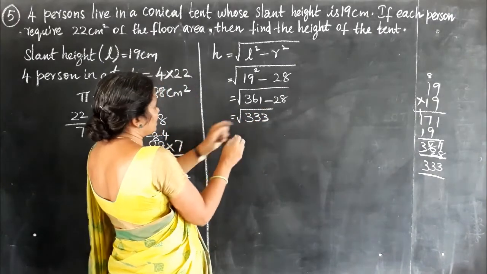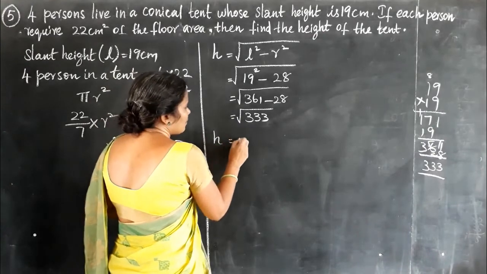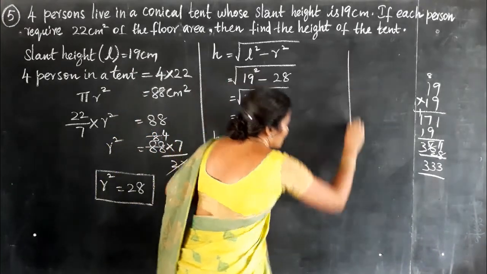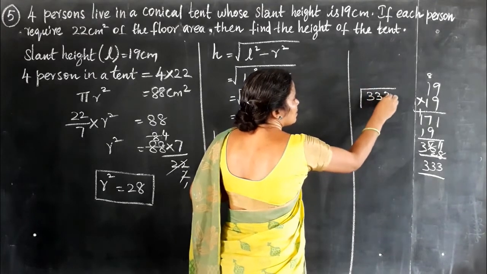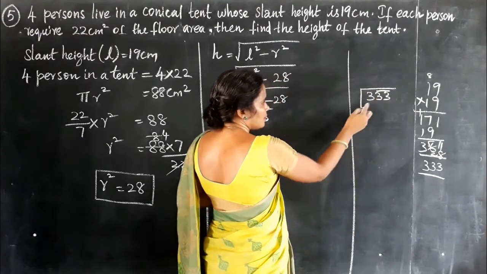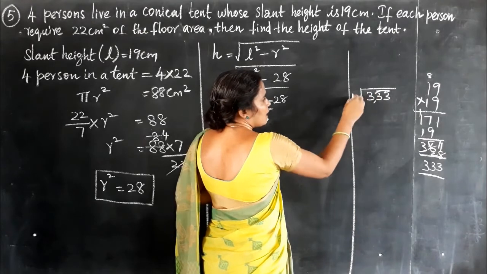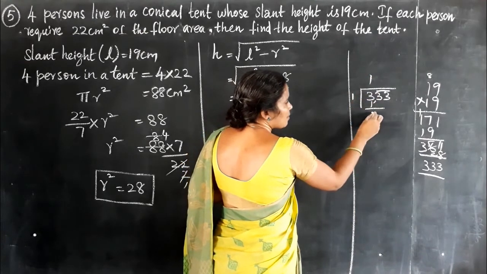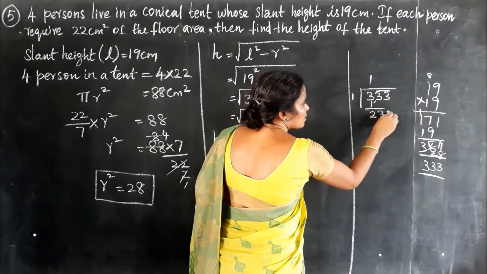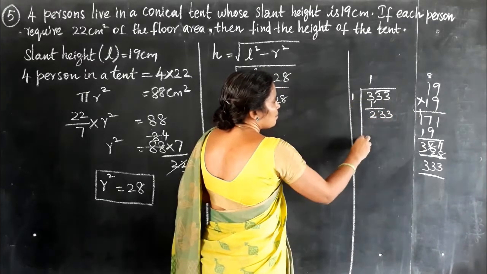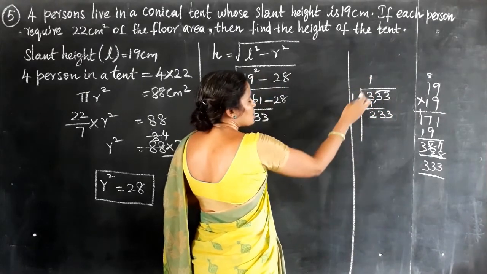So h is equal to, now find the square root of 333. Take 1 1s are 1. The next number 3 minus 1 is 2. Take 33. Multiply the quotient with 2.